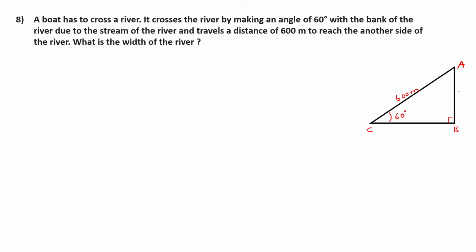We need to find the width of the river. Let it be D. Now write down whatever observations are there on the screen. So let AB be the width of the river. That is what we have to find. C is the initial position of the boat.